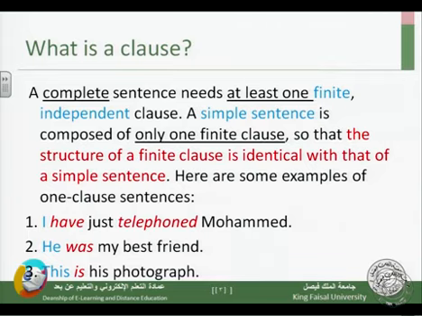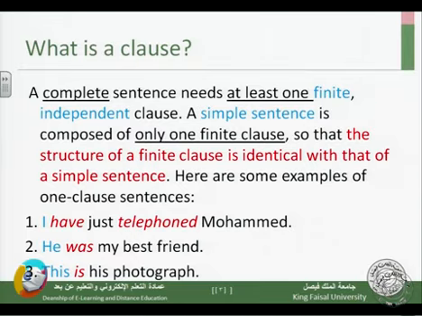A simple sentence, as you remember, we discussed types of sentences. We said we have simple sentences, compound sentences, and complex sentences. So simple sentences are composed of only one finite clause. So a simple sentence has only one finite clause.